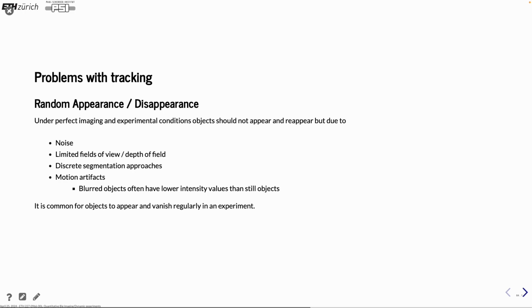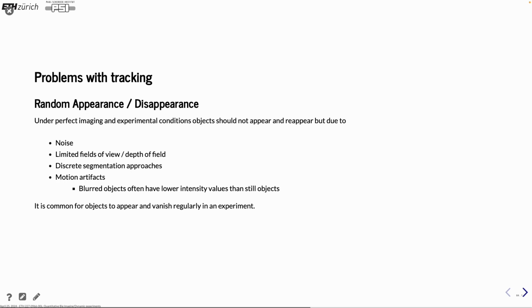So the problem with tracking is that we are often noise sensitive. It can be a problem that we have a limited field of view, and that means that if you have things that are moving around, they may go out of the field of view and come back again, and tracking that is not so easy.